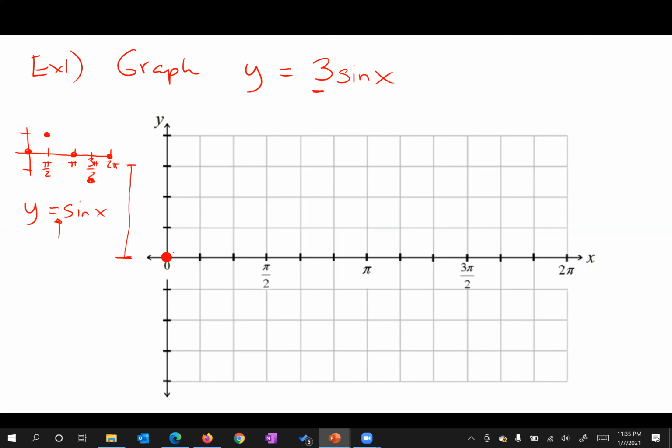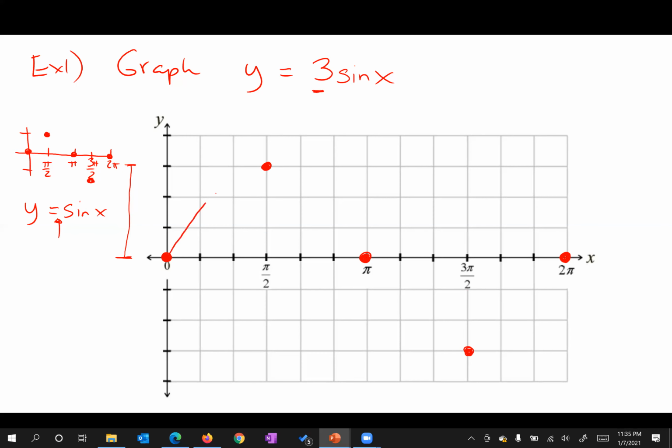So 0 is still the 0 marker, pi is still along the x-axis, and 2 pi. Now pi over 2, instead of going up to 1, is going to go up to 3. And instead of going down to -1, now it's going to go down to -3. So there's what we have here.